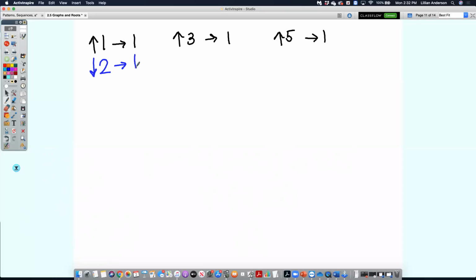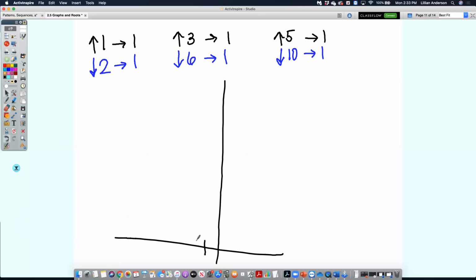That means I multiply my y's by that value. It's no longer up 3, it's now going to be down because I have to multiply by 2, but I still go over 1. So that's how your a value affects your graphing.